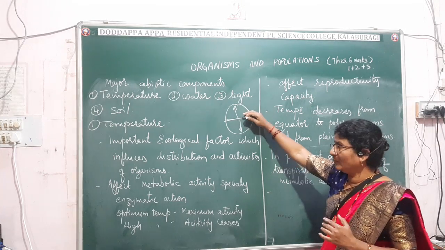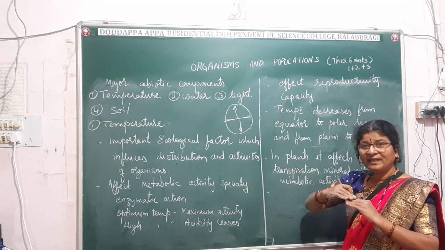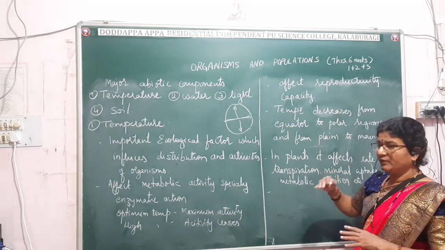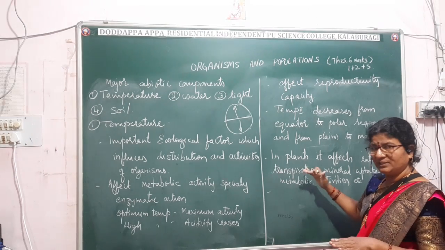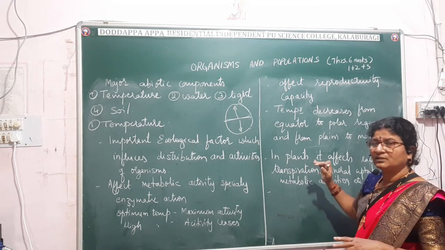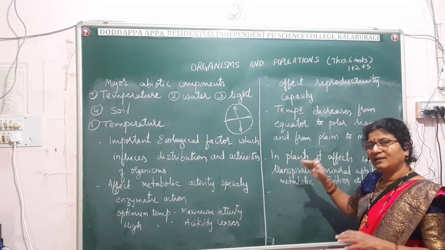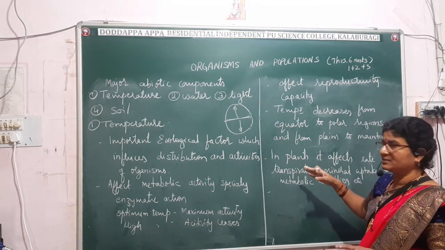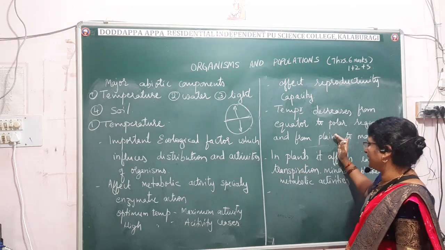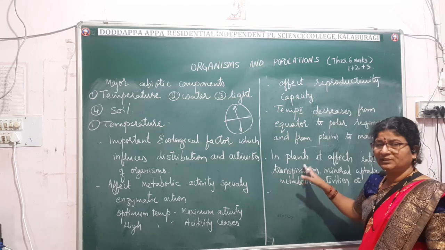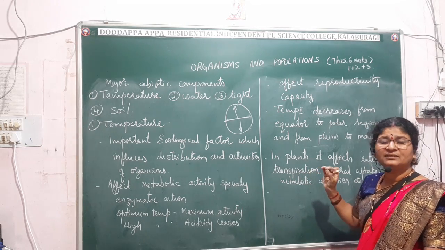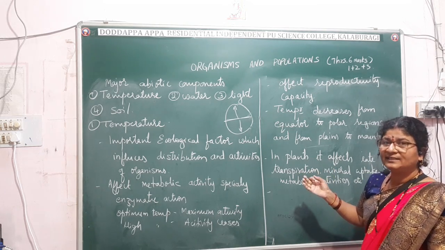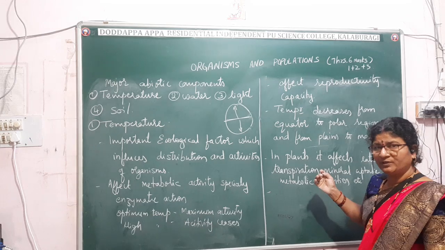Likewise, when you move from the plains to the mountain region, the temperature decreases, and the distribution of organisms is also affected. In plants, temperature plays a very important role.